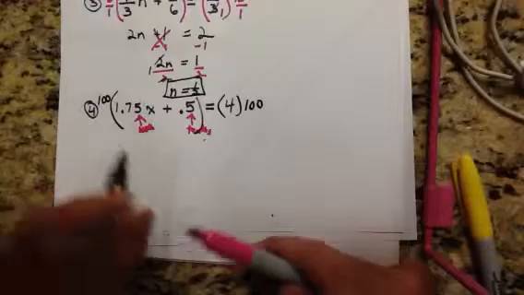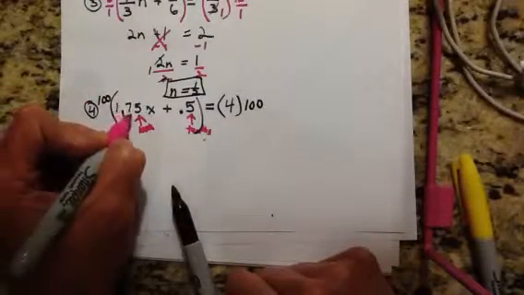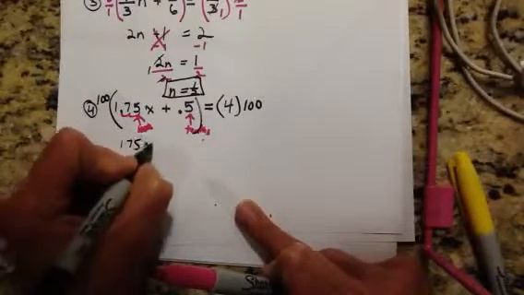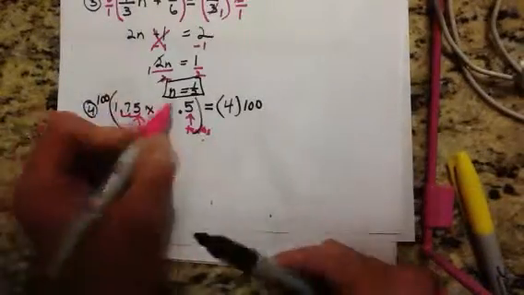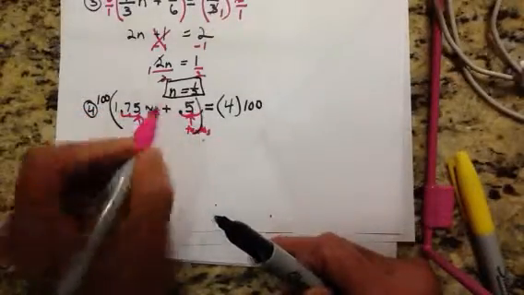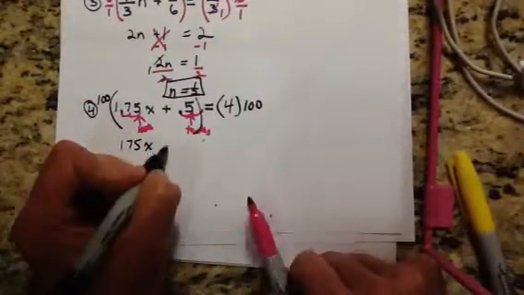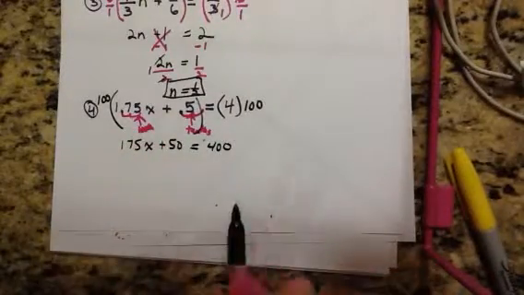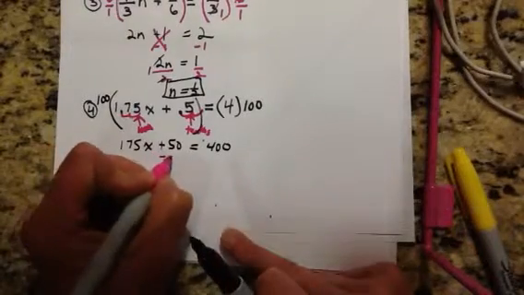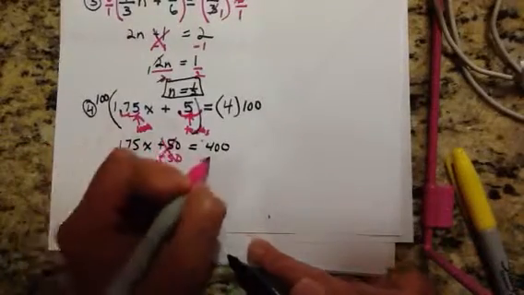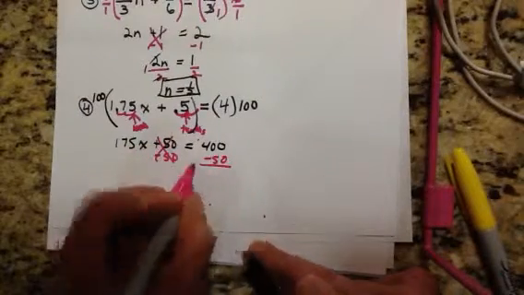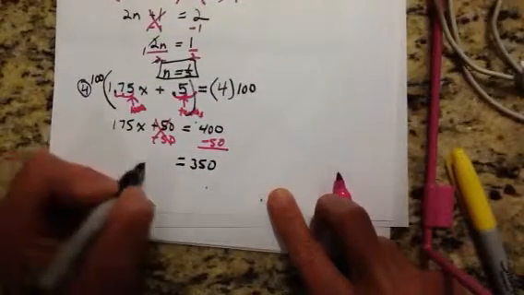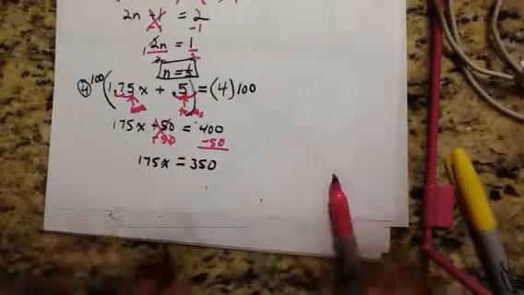And then when you multiply by 100, that would be 2 decimal moves to the right. So I'd end up with 175x. And multiply through this by 100, 2 decimal moves to the right. And so that would end up being plus 50 equals 400. Okay, so now I'm going to subtract 50 here to cancel that, subtract 50 here, and I would end up with 350 equals 175x.